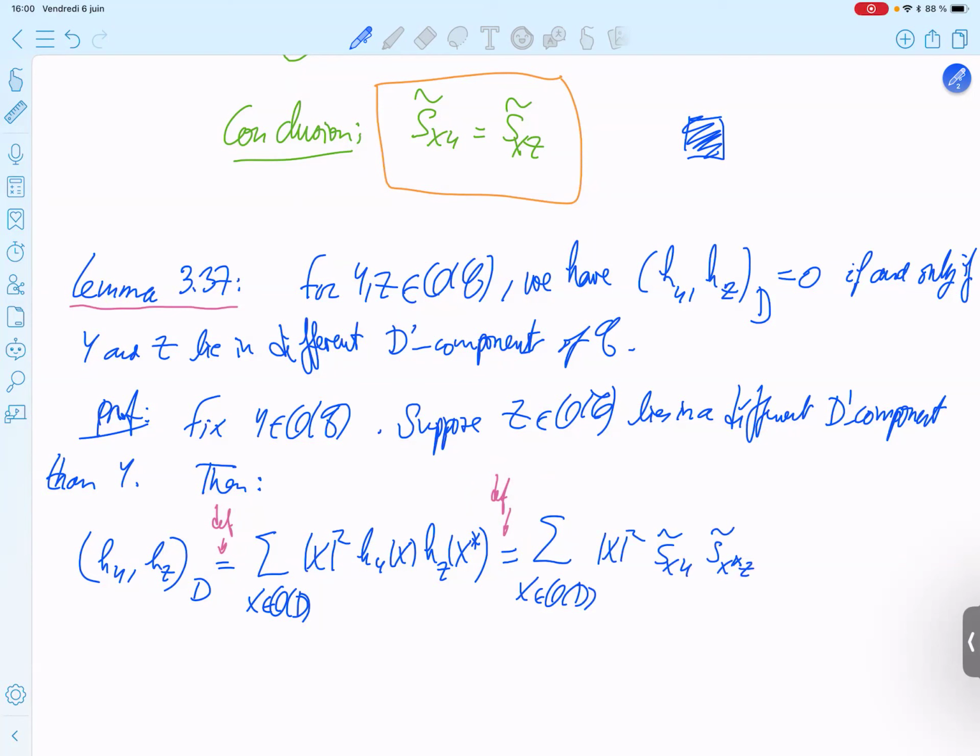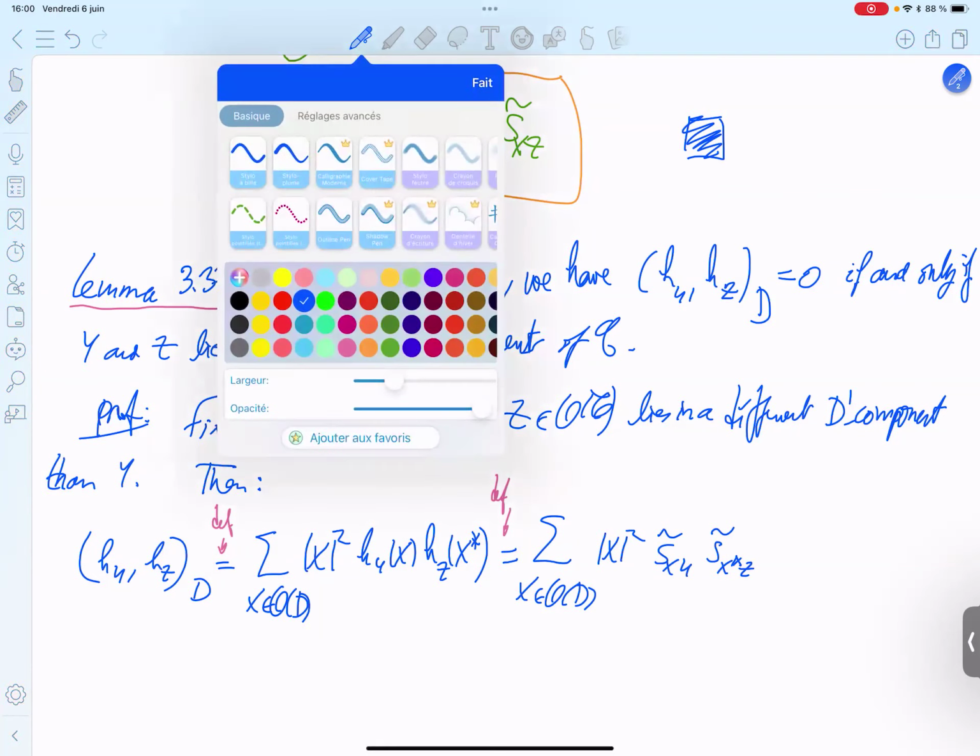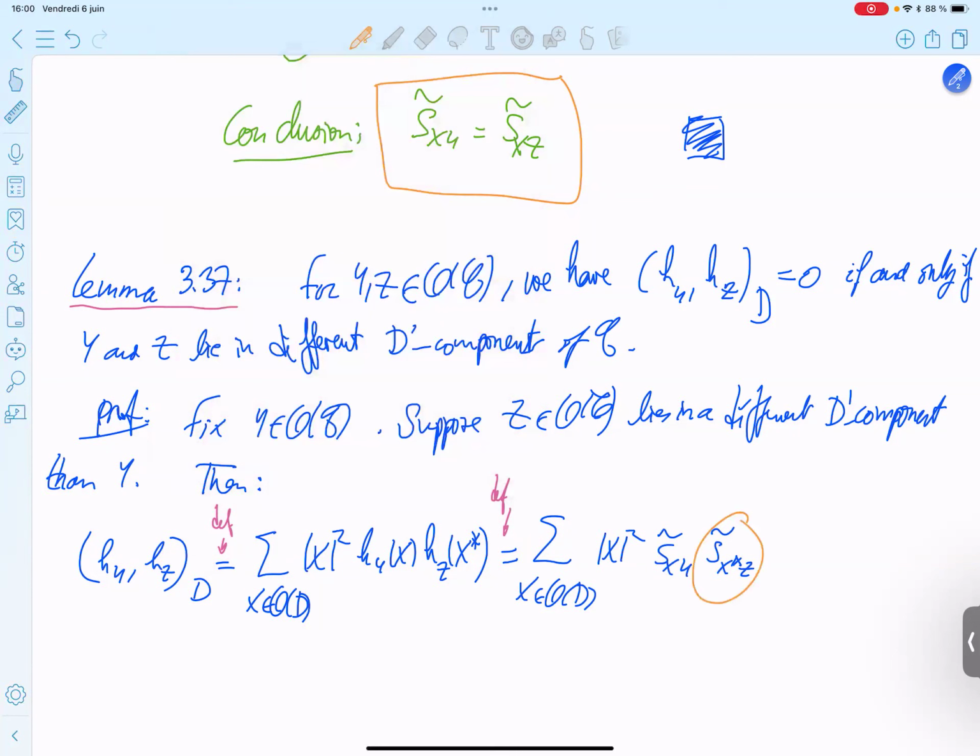And here we need an exercise: this is equal to that. So we can move the star from x to z.